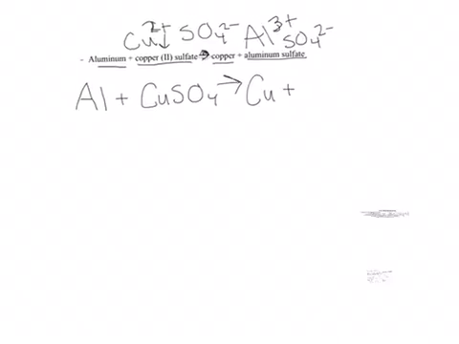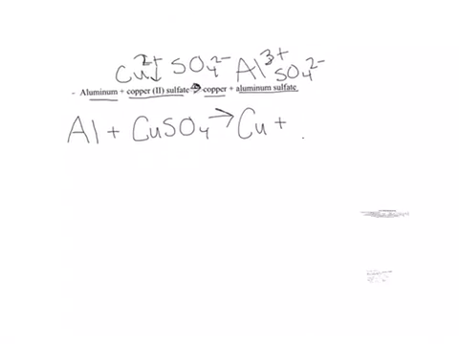So it becomes aluminum with a subscript 2, and then SO4 with a subscript 3. So the subscripts that we write come from making the ionic compounds and balancing out charges.